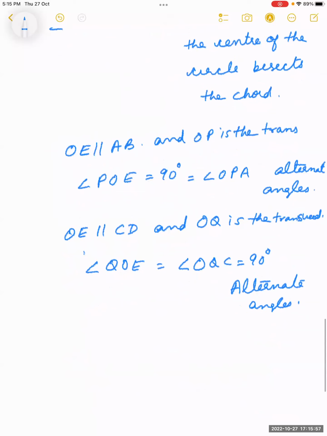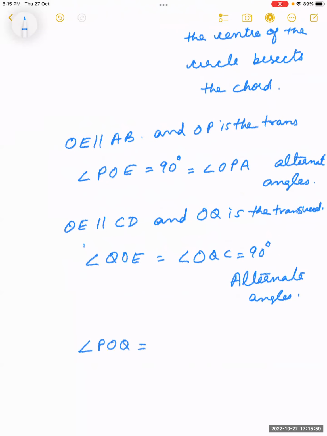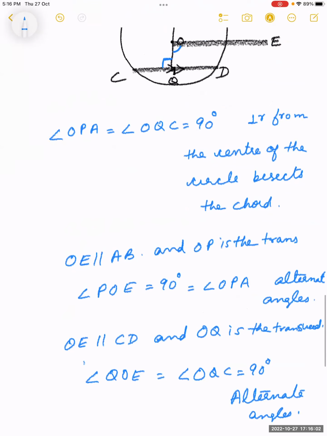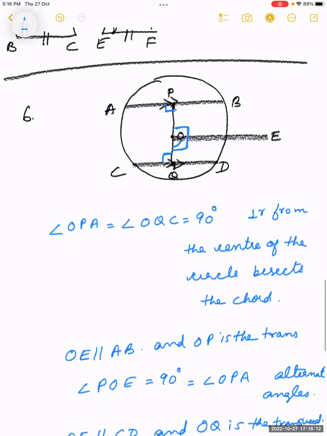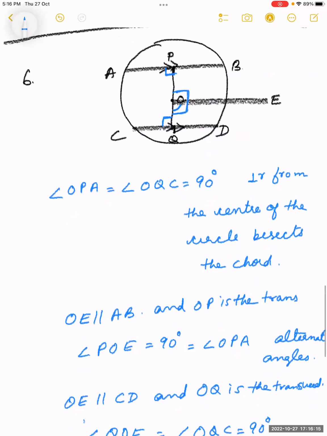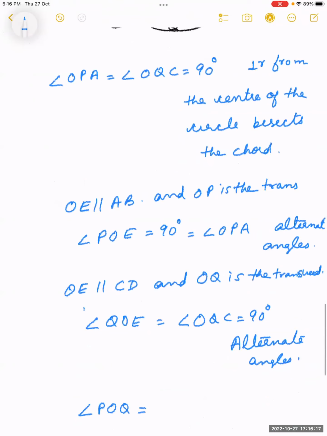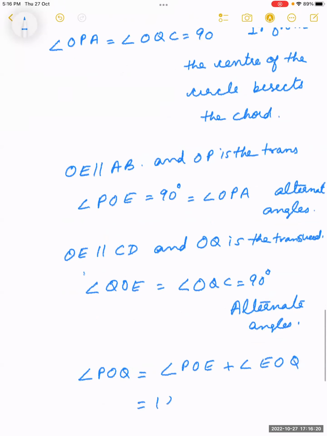Now what is angle POQ? The entire angle POQ. So you will write angle POE plus angle EOQ equal to 90 plus 90, which is 180 degree.